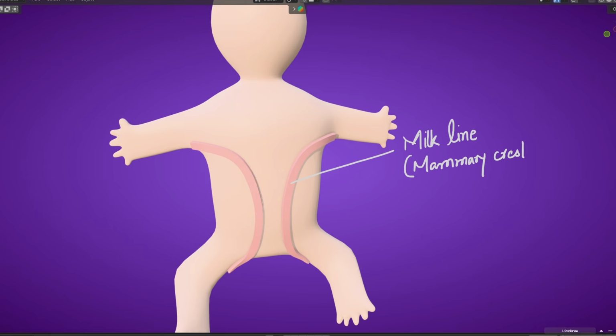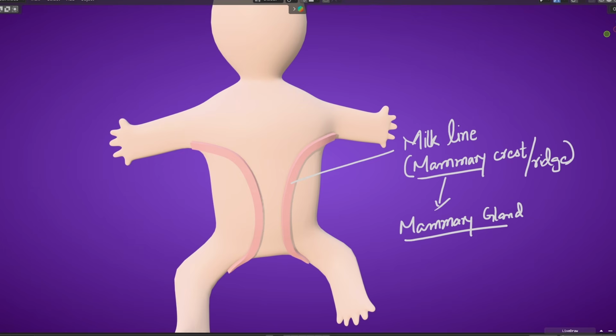Why is it called the mammary crest, or, by the way, also the mammary ridge? Because the term mammary refers to the mammary glands, which is a more scientific name of the breast. And the interesting thing is that all mammals, not just humans, have this characteristic.